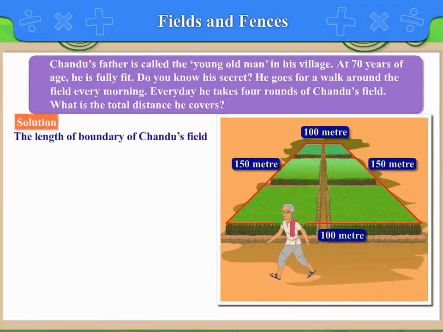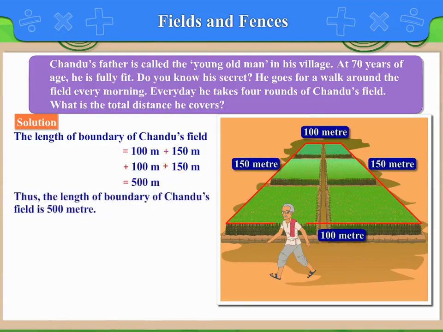Solution. The lengths of the 4 sides of the field are given to be 100 meter, 150 meter, 100 meter, and 150 meter. If we add them, we get 500 meter. Thus, the length of boundary of Chandu's field is 500 meter.